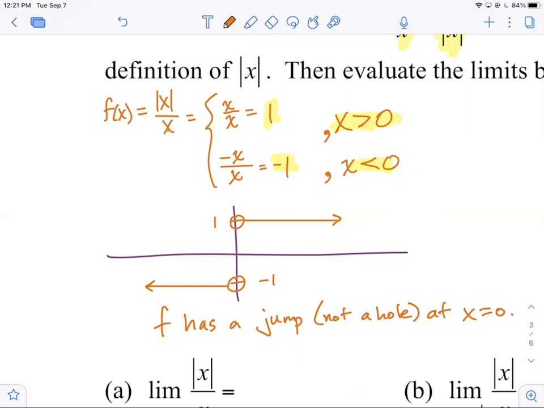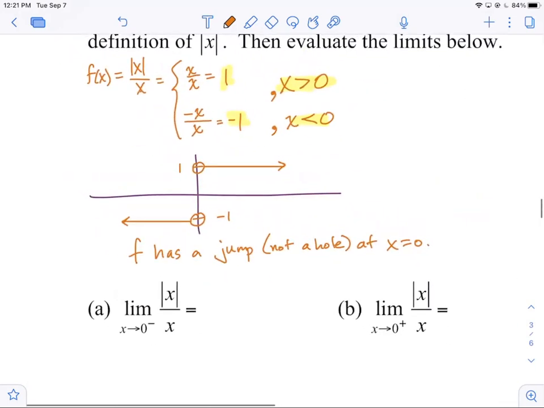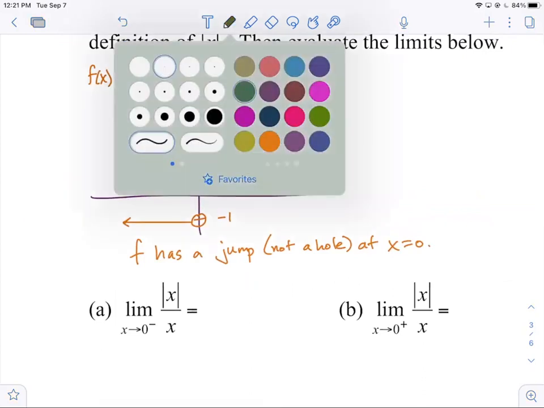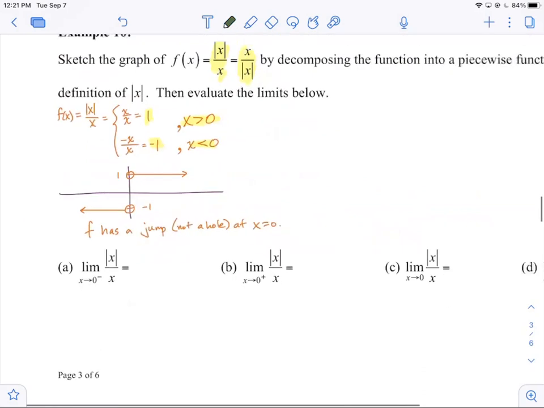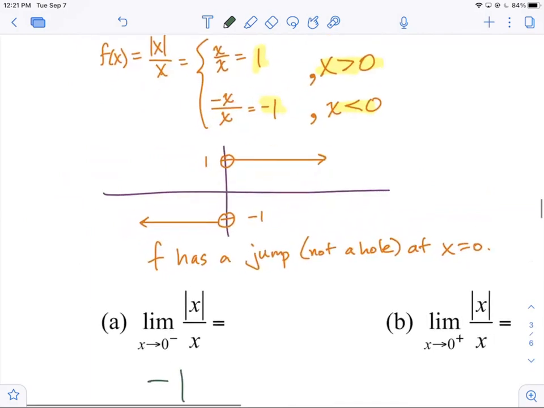Now, this gives us a real quick and easy way to evaluate transformations of this parent function. But before we get there, let's go ahead and evaluate A, B, and C. What would the limit from the left of 0 be? -1, right? We start heading back towards 0 from the left, and I'm getting closer and closer to y equals -1.